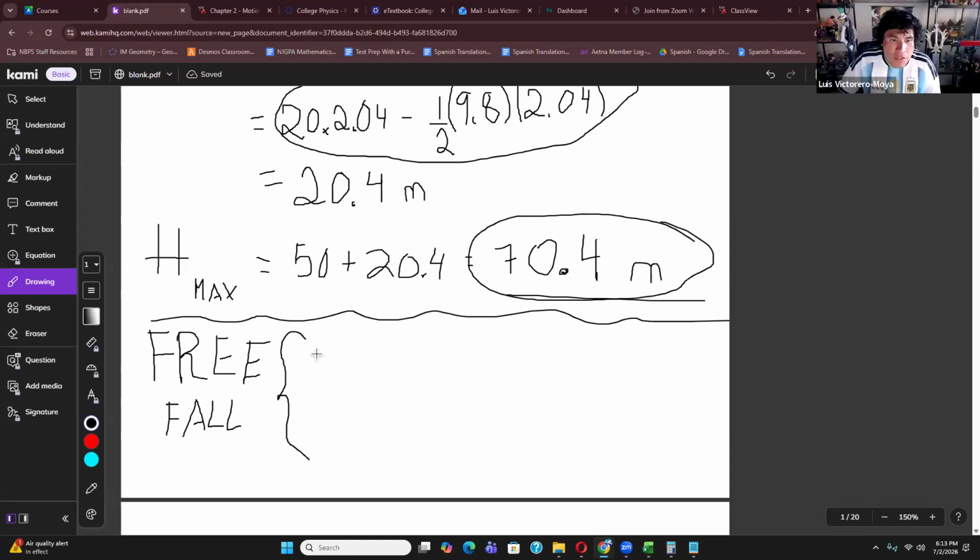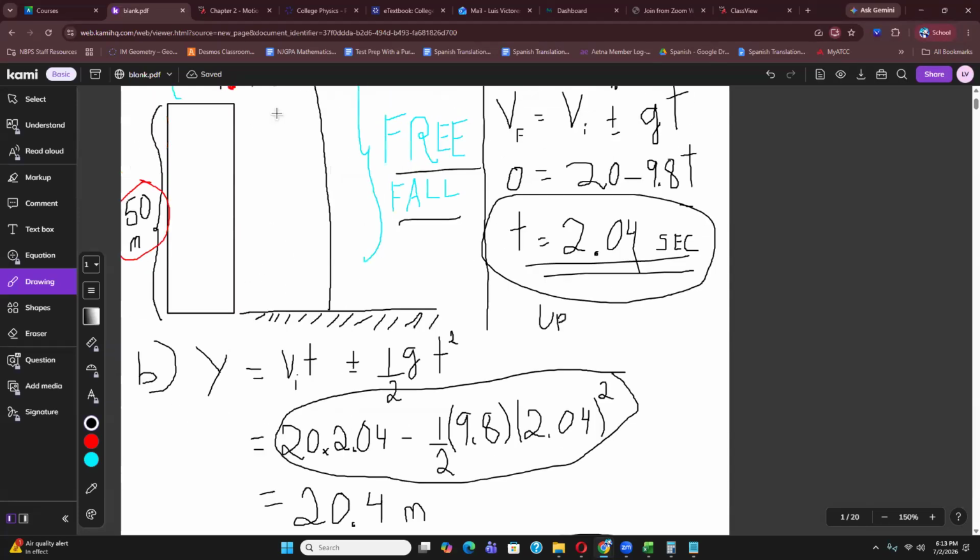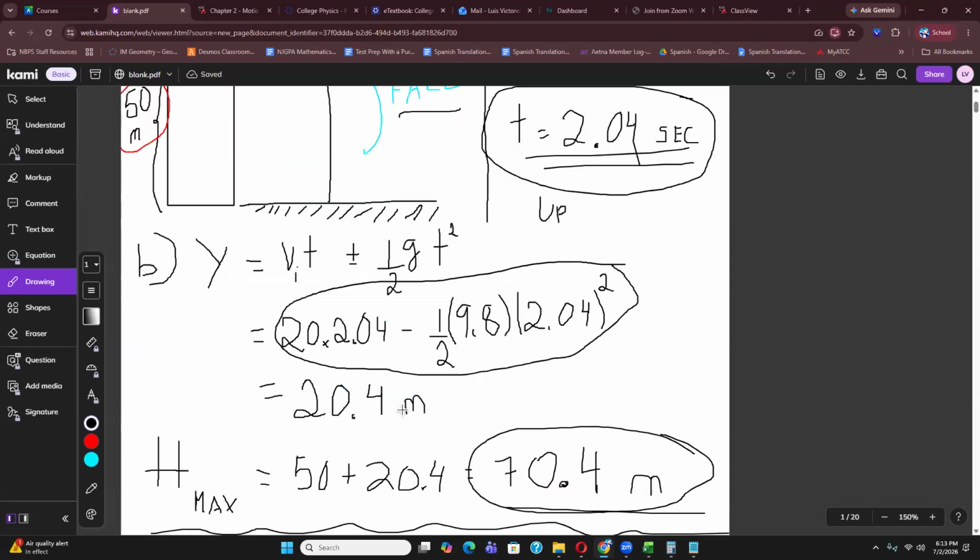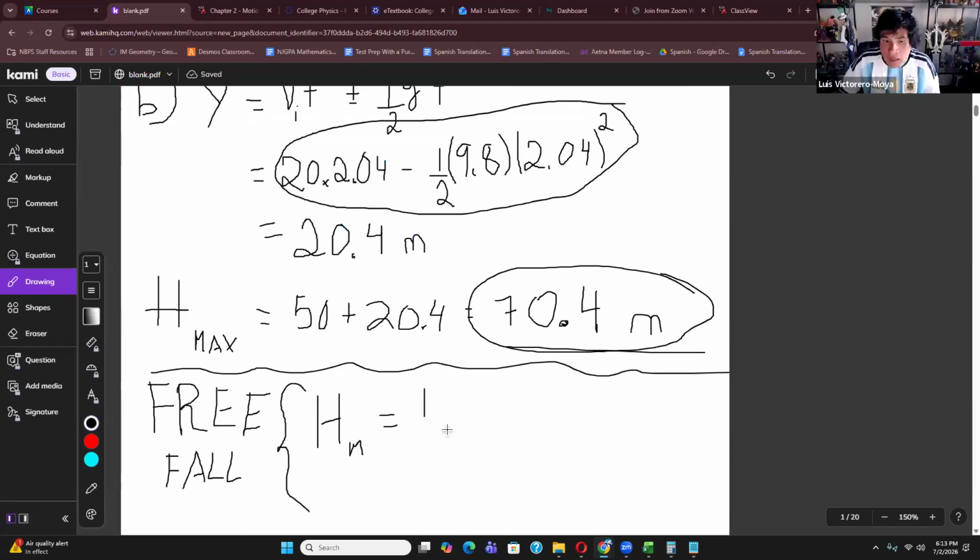Yeah, so you can put H max is the initial times time, but what's the initial velocity for the free fall? Yeah, 0. So it cancels out. So you stick with 1/2 gravity times time square.